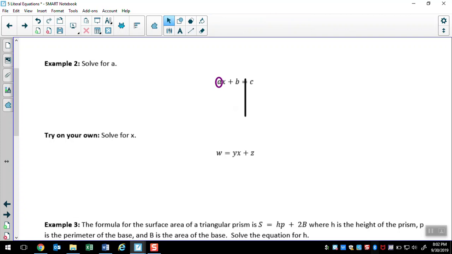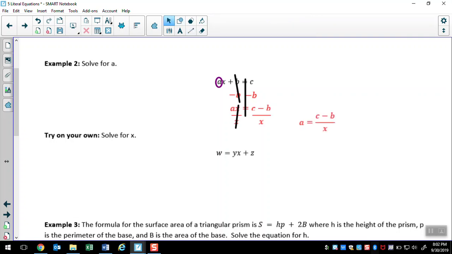So again, to do that first, we need to subtract B from both sides. My B's will cancel out. And we are now left with A times X equals C minus B. Right? Well now, to get that A by itself, now we would just divide both sides by X. And this time, my X's will cancel each other out.